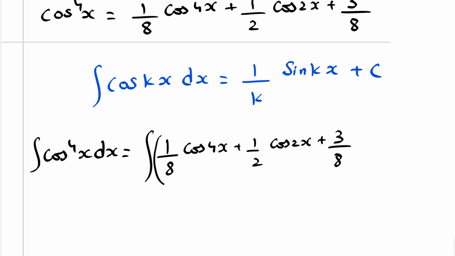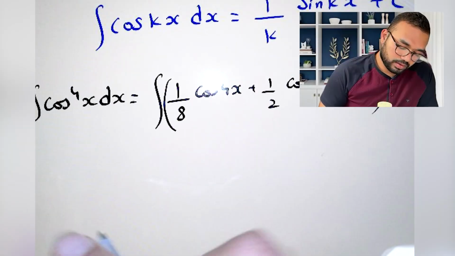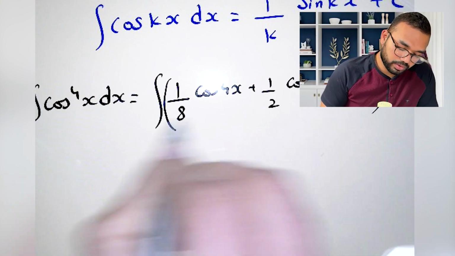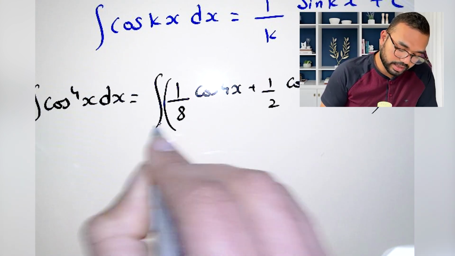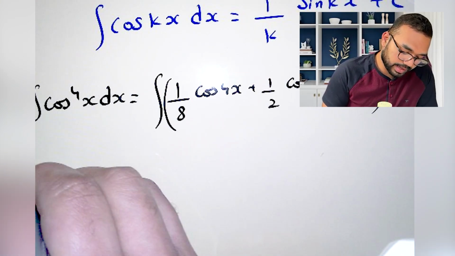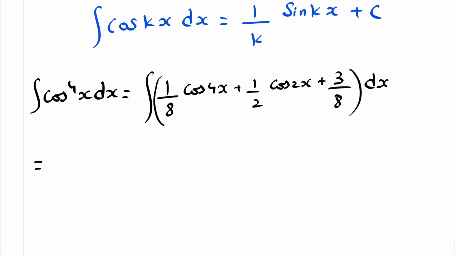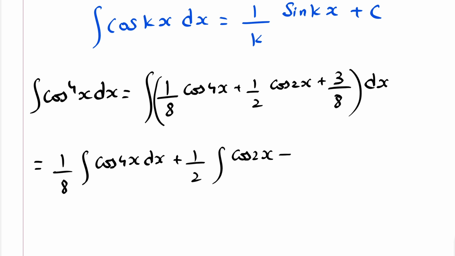So everything has dx. So we will distribute this integral symbol to each and every individual term. So I can write this as 1 by 8 integral cos 4x dx plus 1 by 2 integral cos 2x dx plus integral of 3 by 8 dx.